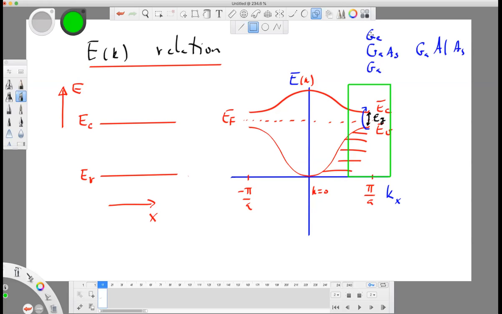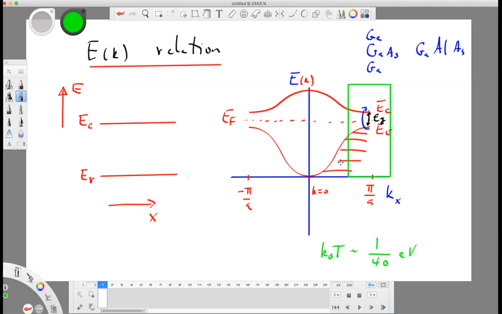Germanium has the smallest gap among these semiconductors, but this is still less than 1 electron volt, while kBT is about 1/40th of an electron volt, a fraction of this gap.